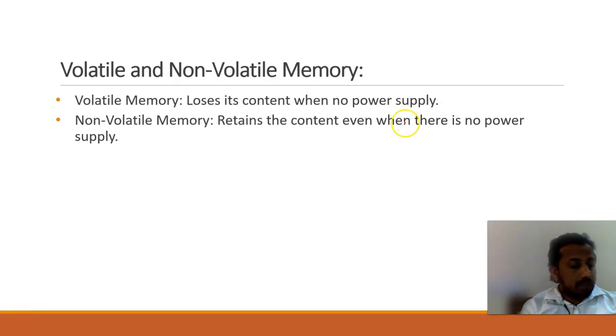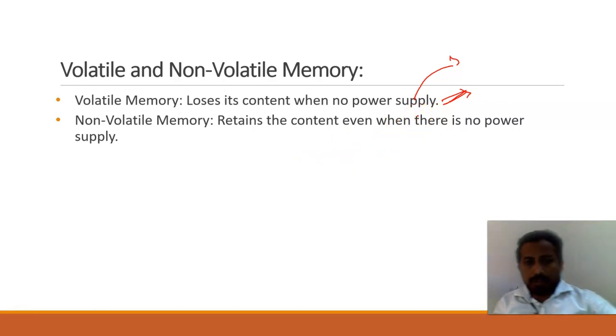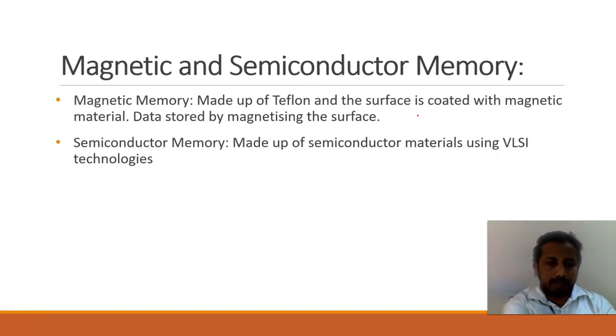More or less, we can say static memories are also said to be volatile memories, but dynamic memories are not non-volatile memories. Non-volatile memories are the memories where even with no power supply, the data is still there.